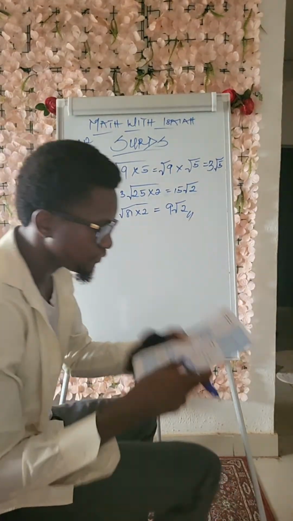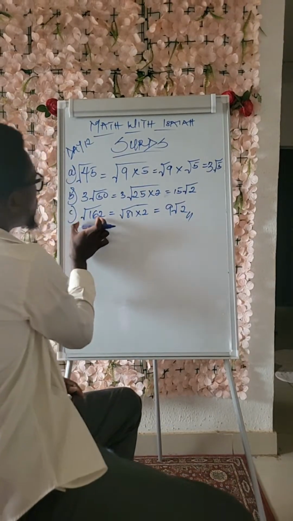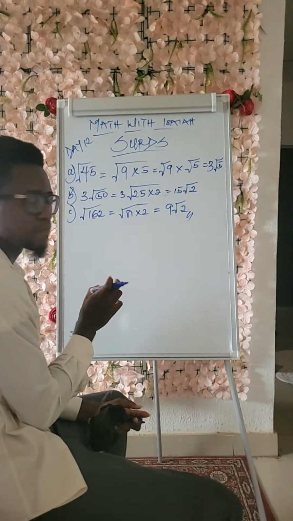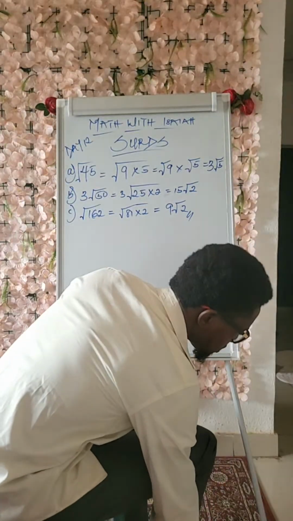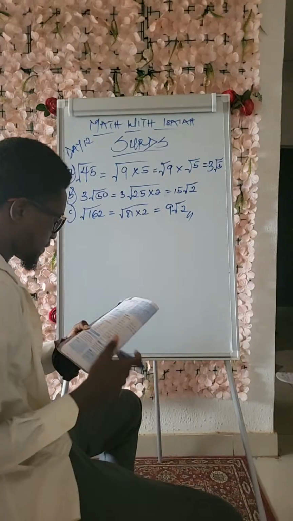Now, there's another side of it: expressing numbers like this as a whole SURD. For instance, there's a question here.